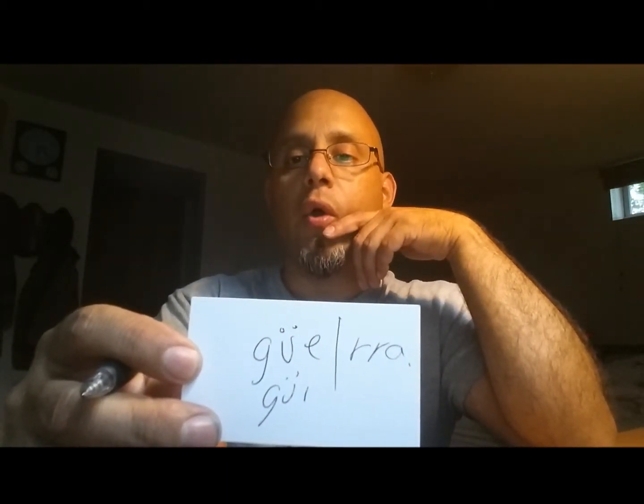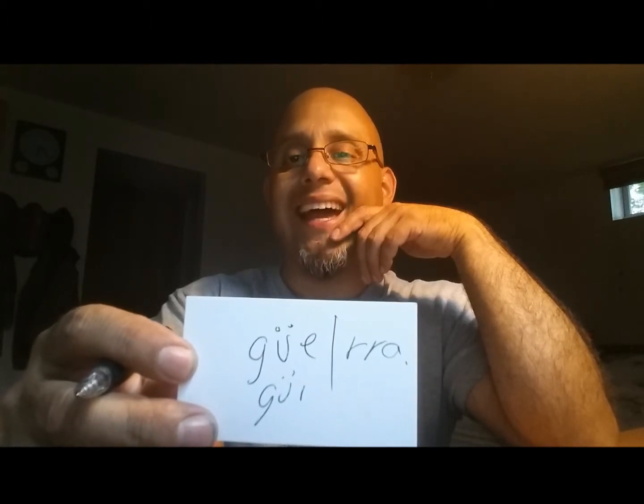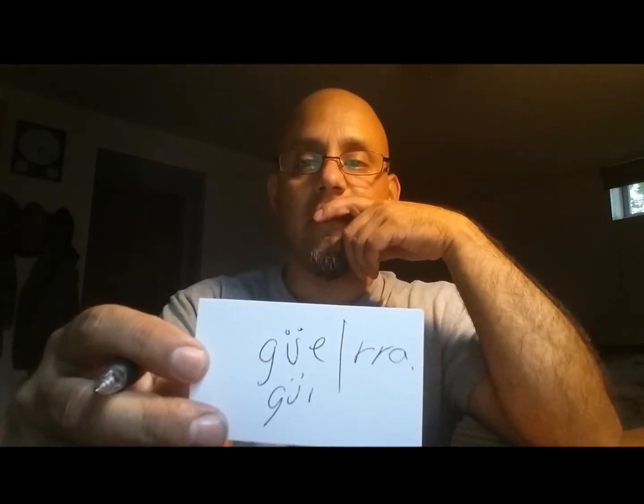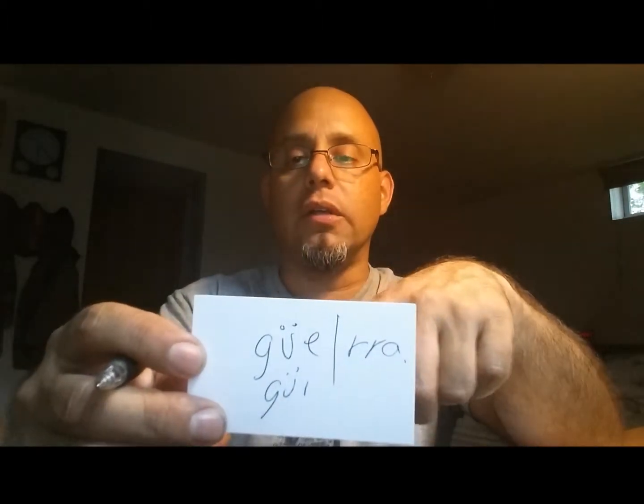You don't say "guerra" with a hard U, the difference is with guitarra, you know, when you have these two points is when you make an exception to the rule, but there aren't too many exceptions anyway.